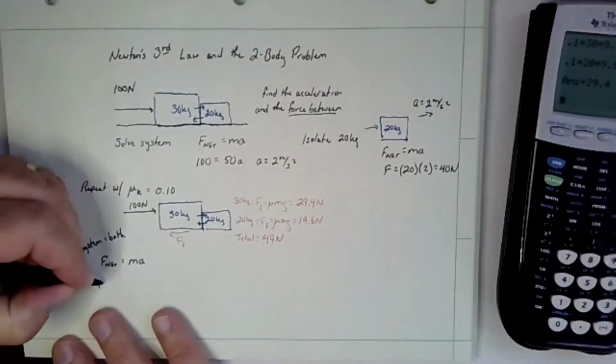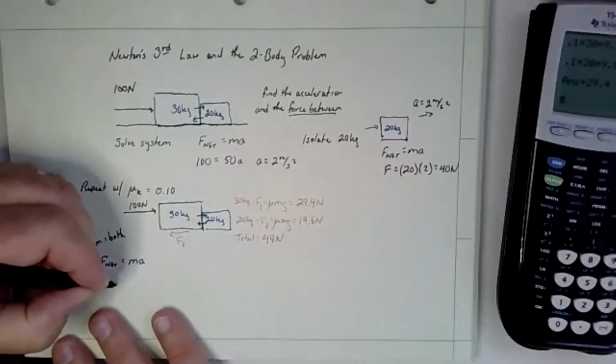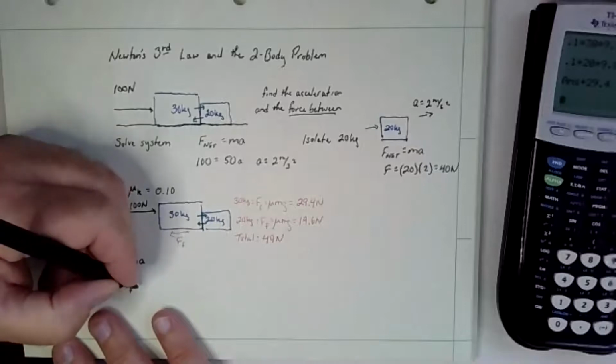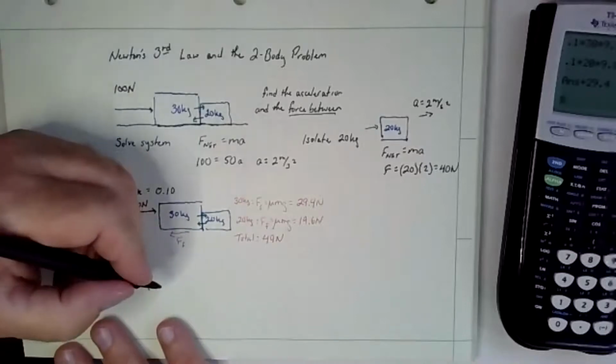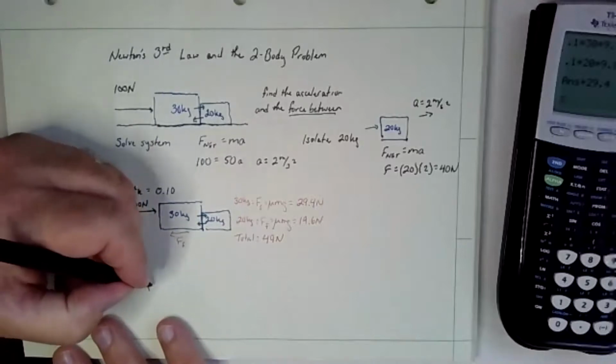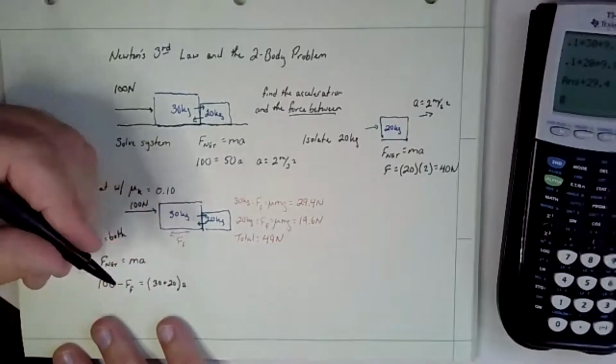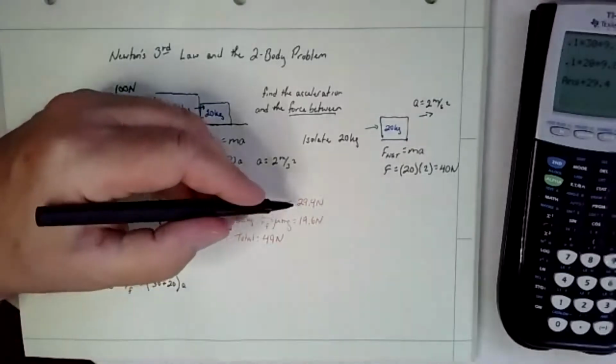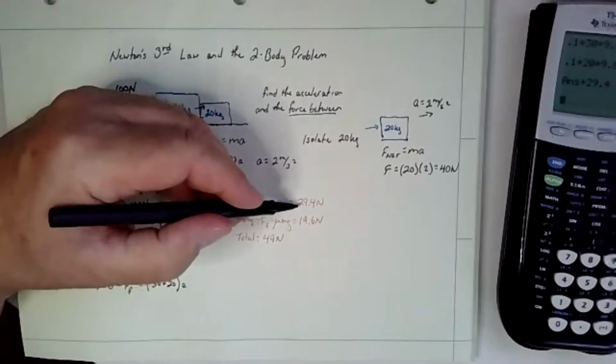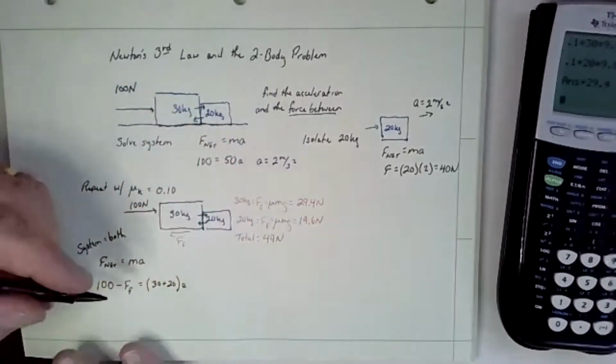So I'm going to have 100 newtons being opposed by friction. And I'll add these two together. And what friction should I use? Should I use this and then also subtract that? But then why not just do the total?